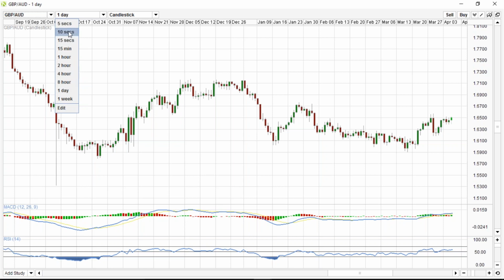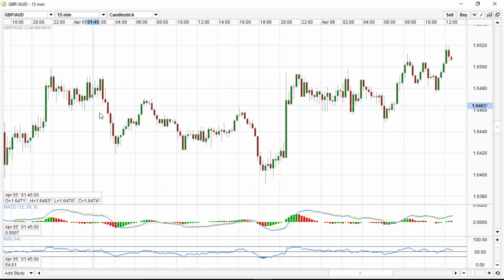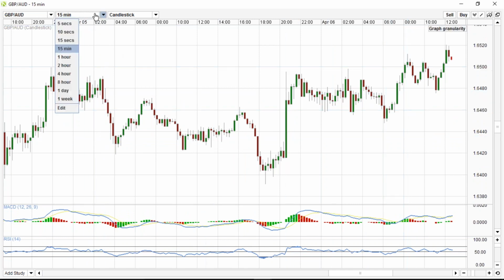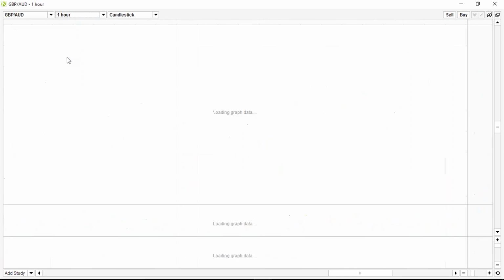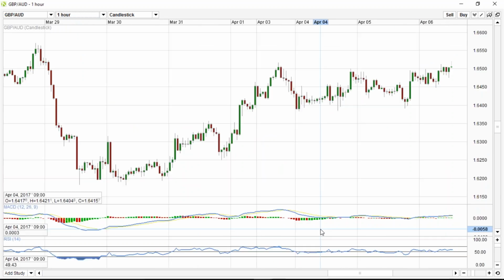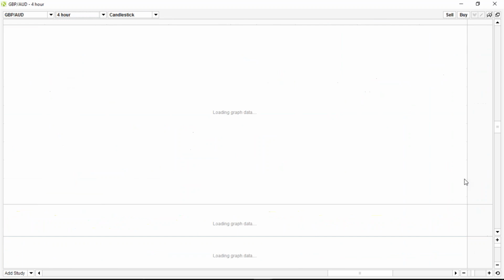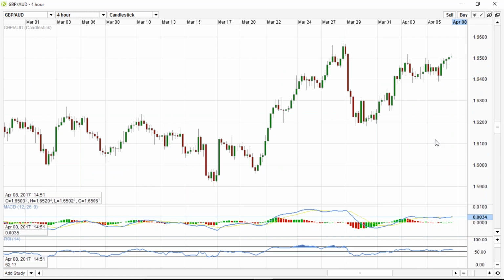All right? So I've got the pound USD here, and I was looking at the 15-minute chart to start with. This doesn't look great at all because that candle is really, really large. But as I click through, now we start to see a little bit of a pattern coming out there. Okay.